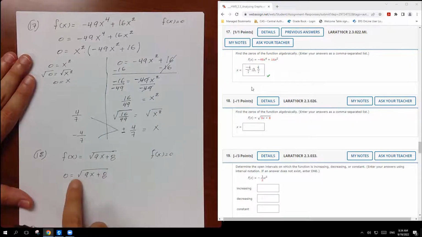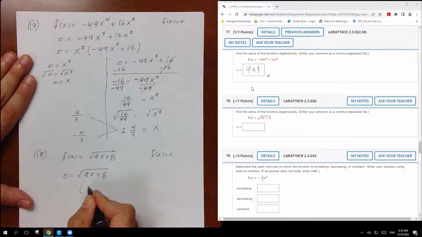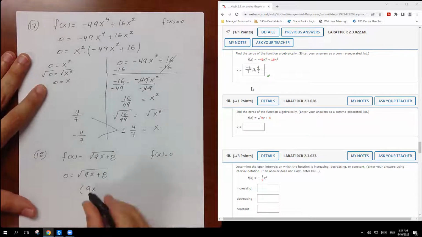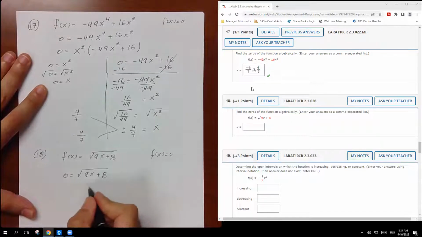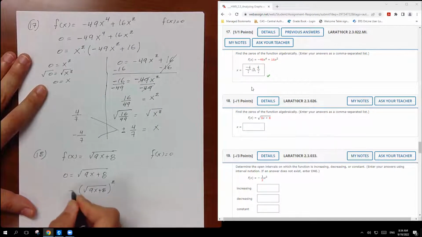I need to cancel the root and solve the rest for x. So I'm going to square both sides. Here is the square root of 9x plus 8. I'm going to square it and square the other side.